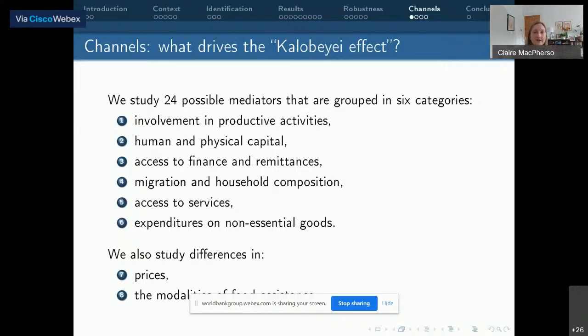To be a mediator, a variable should satisfy two conditions. First, it should be affected by the treatment and hence be discontinuous at the same cutoff date. And second, it should capture part of the Kalobeyei effect, i.e. the mediator should be statistically significant when included in regressions as a control variable, and it should induce a change in the estimate of the discontinuity towards zero.